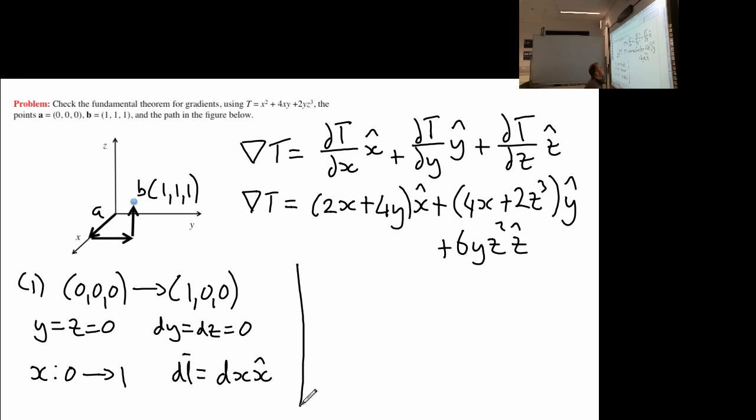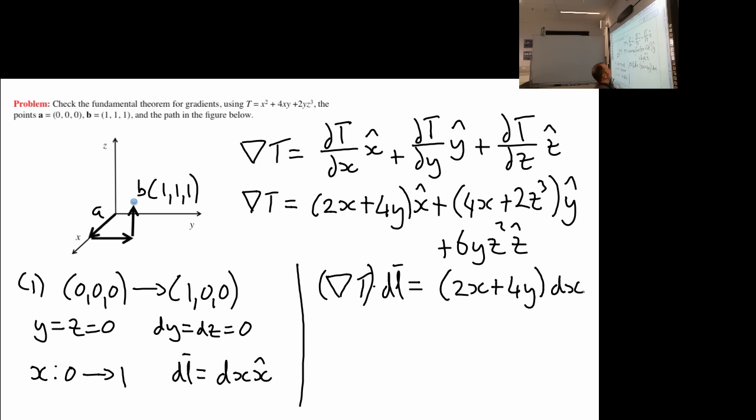Now we must take the dot product of the gradient of T with dl, and what we get for this is (2x plus 4y) dx. Okay, so remember x hat dot x hat is equal to 1, x hat dot y hat is equal to 0, and so forth.